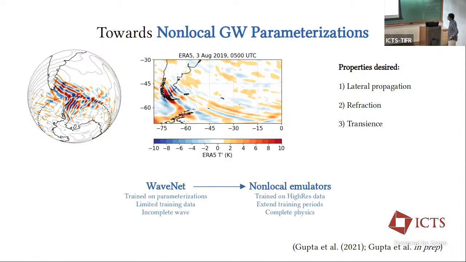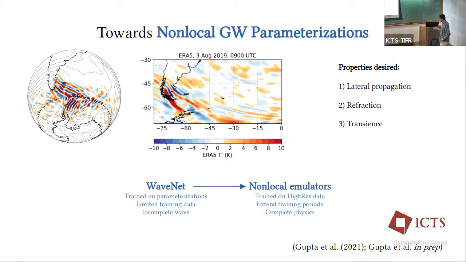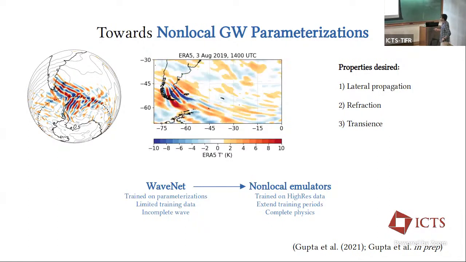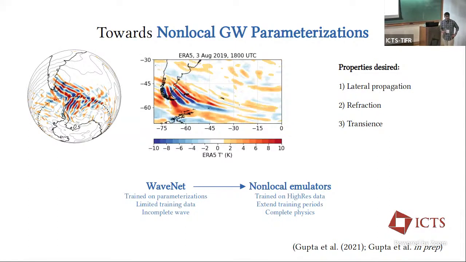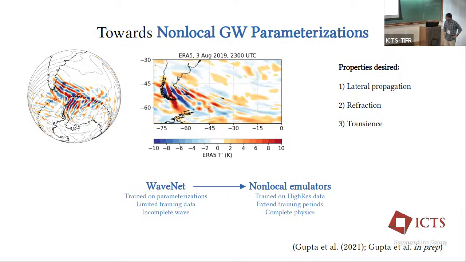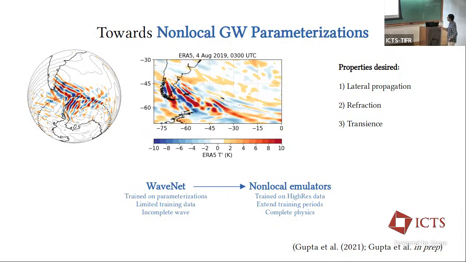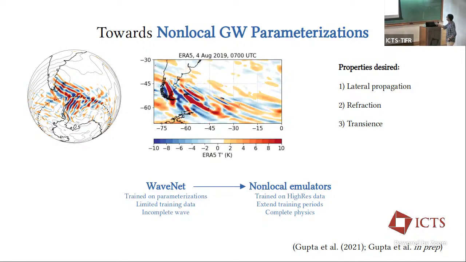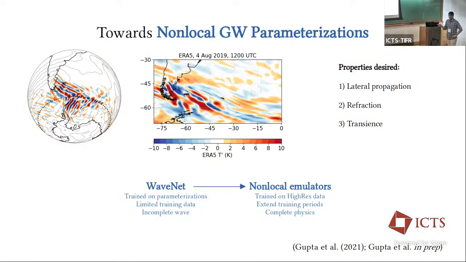So that's where my research comes in. What I've been doing is taking the idea of an ML emulator trained on a parameterization, and I'm extending it to non-local emulators that try to embed this physics in their architecture.